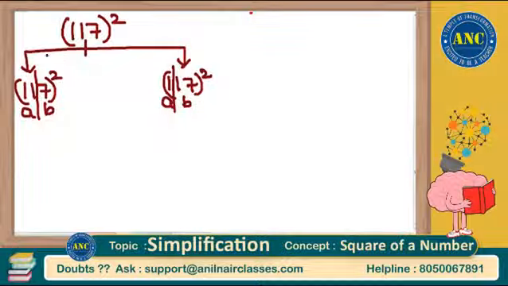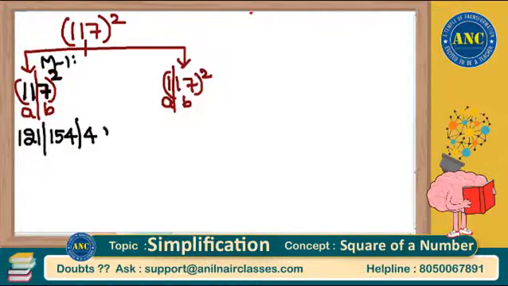So first let us apply method 1 and check whether we will get the same answer or not. Now see here, A value is 11, B value is 7. A square is 11 square, 121. 2AB: 2 into 11 into 7. 11 into 7 is 77, 77 into 2 is 154. B square is 7 square, 49. Same logic I will implement, sir.